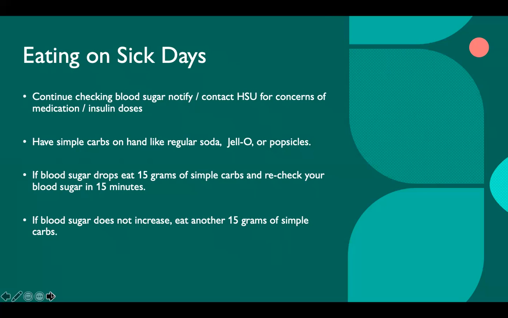And if your blood sugar has not normalized or gotten back to where it should be, you'll do that process again. So you'll eat 15 more grams of simple carbs, and then you'll wait 15 more minutes. And then hopefully by then your blood sugar will go back to normal. And if not, you will keep doing that process until it goes back to normal. So again, you'll eat 15 grams of simple carbs, wait 15 minutes, and then recheck your blood sugar.